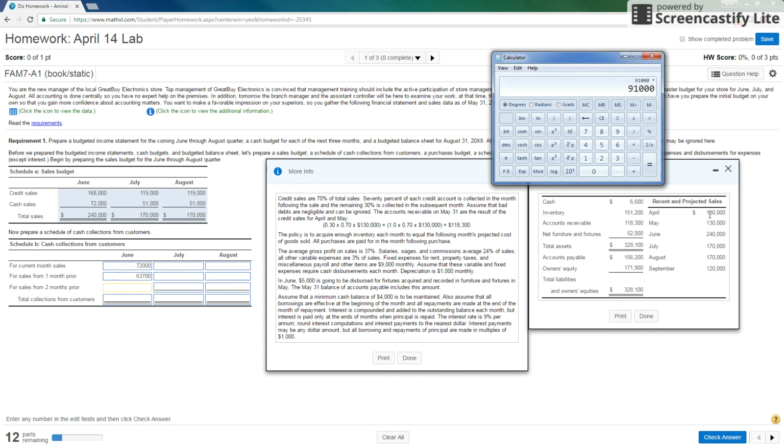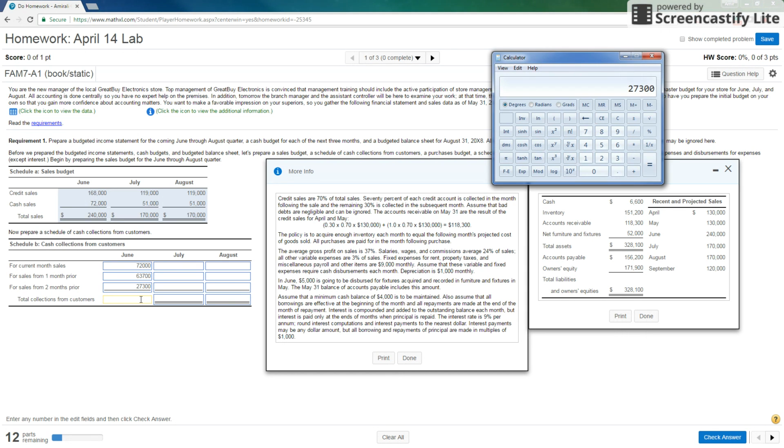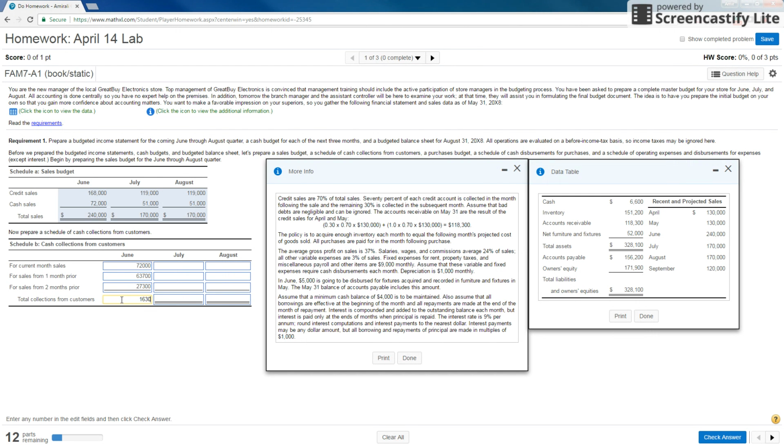So we are collecting the 30% of that money. So it's 27,300. And the total is this plus 63,700 plus 72,000, which is 163,000. So that's for the June.